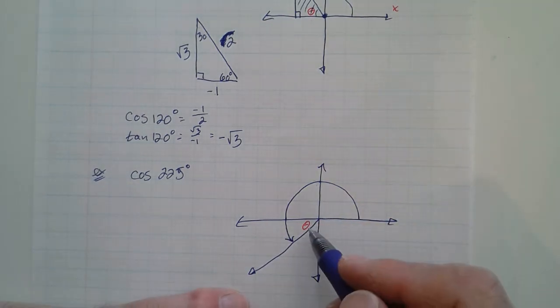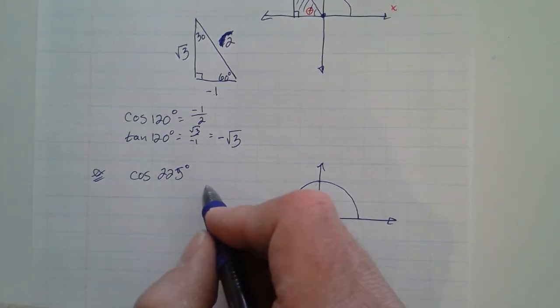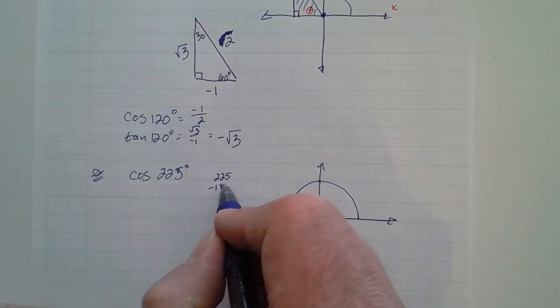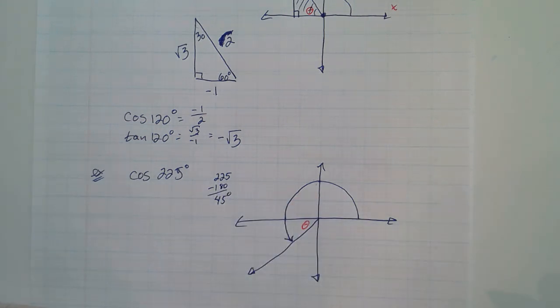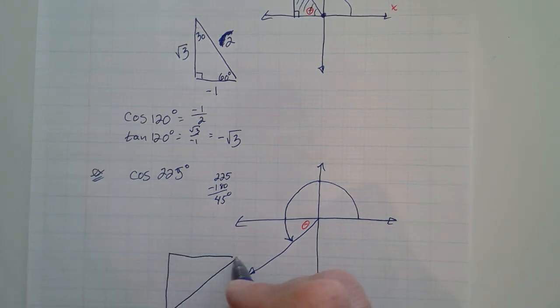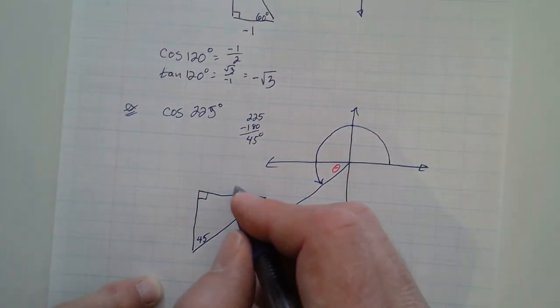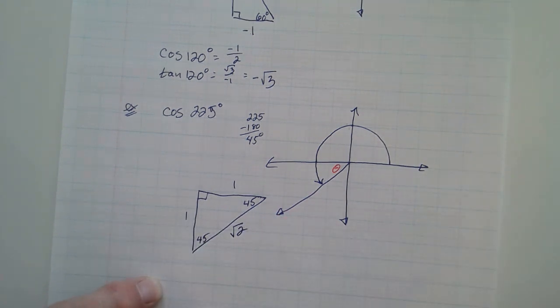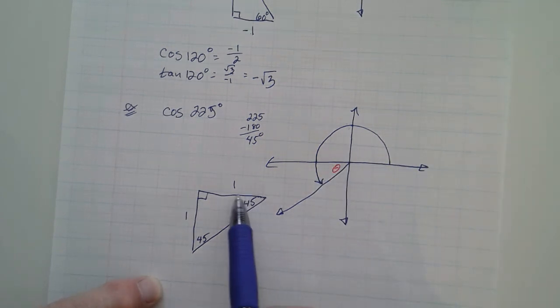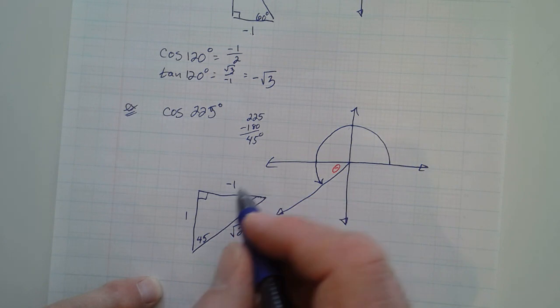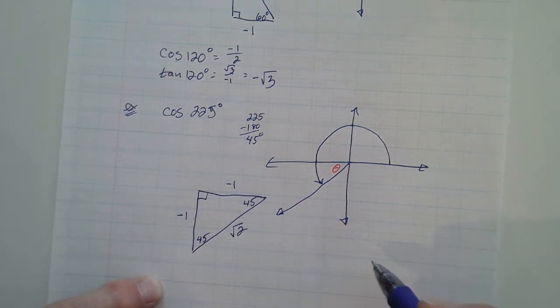Well, how big is that angle? Well, 225 minus 180 gives you 45 degrees. So we'll draw our triangle. And that's 45. That's our reference angle. Well, if that's 45 and that's 90, this has got to be 45. So we can label them 1, 1, square root of 2. All right, so positive or negative. If I'm going left, it's negative. If I'm going down, it's negative.